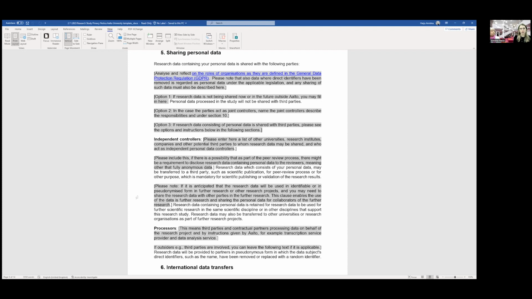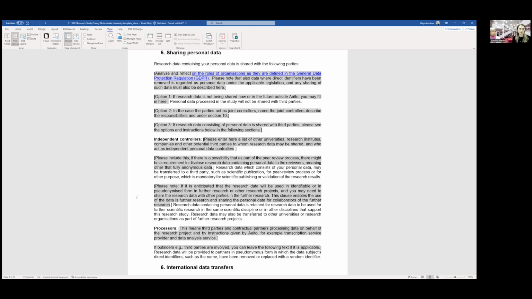Yeah, and one question that I receive quite often is that the research groups are not yet sure, for example, who the collaborators will be, so when they are drafting this privacy notice, they are not yet sure which researchers from which universities will be collaborating and will need access to the data.